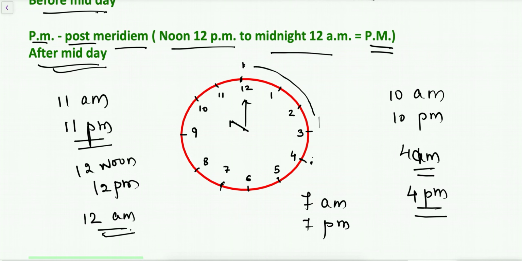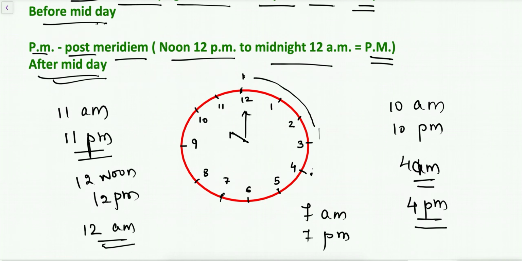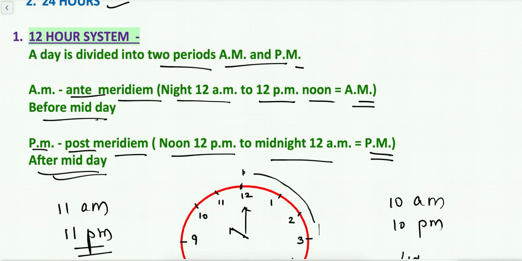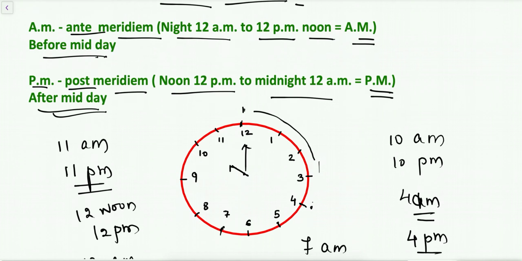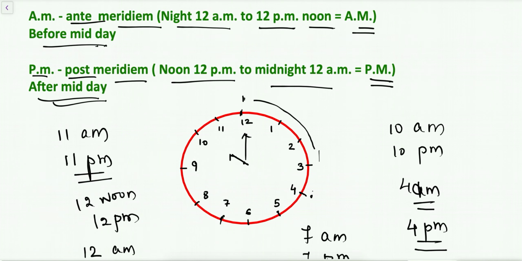So this is the 12-hour system in which we have AM and PM. The clock is divided into two periods: from midnight to noon is the AM time, and from noon to midnight is the PM time.